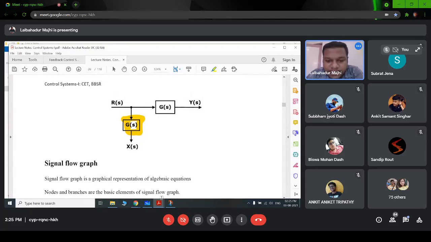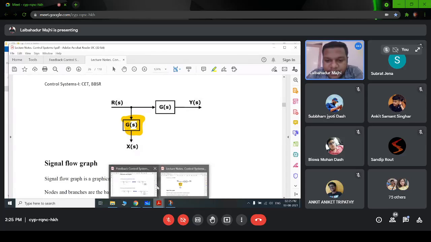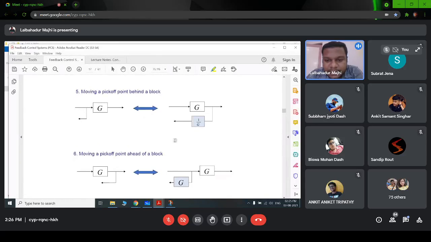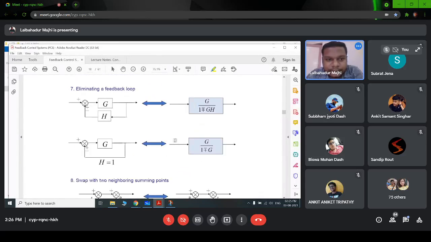Clear these rules? Just go through them a little bit, you will clearly understand. The same things I have discussed here. Right, so see here, eliminating a feedback loop. We can eliminate a feedback loop with g divided by 1 plus or minus gh, and if h is equal to 1, then it will become g divided by 1 plus or minus g, because h is equal to 1.